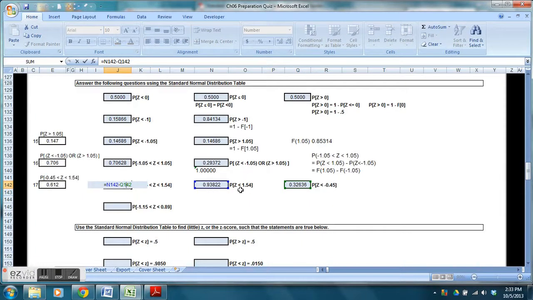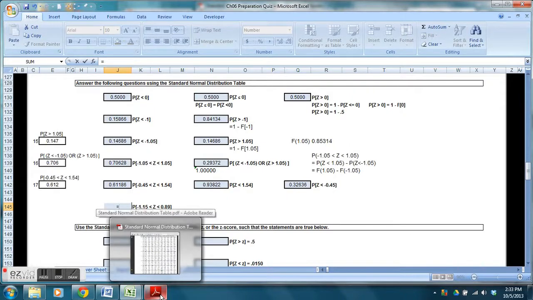Subtract this guy from that guy. There we go. Same thing right here. I'm not going to draw the graph this time, I've got it figured out.